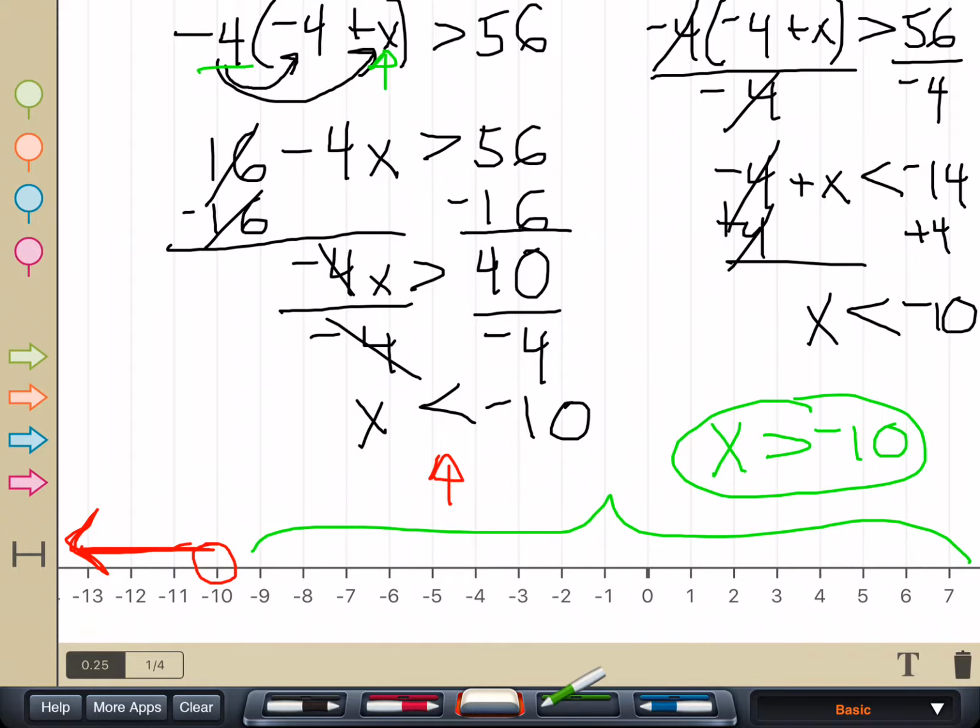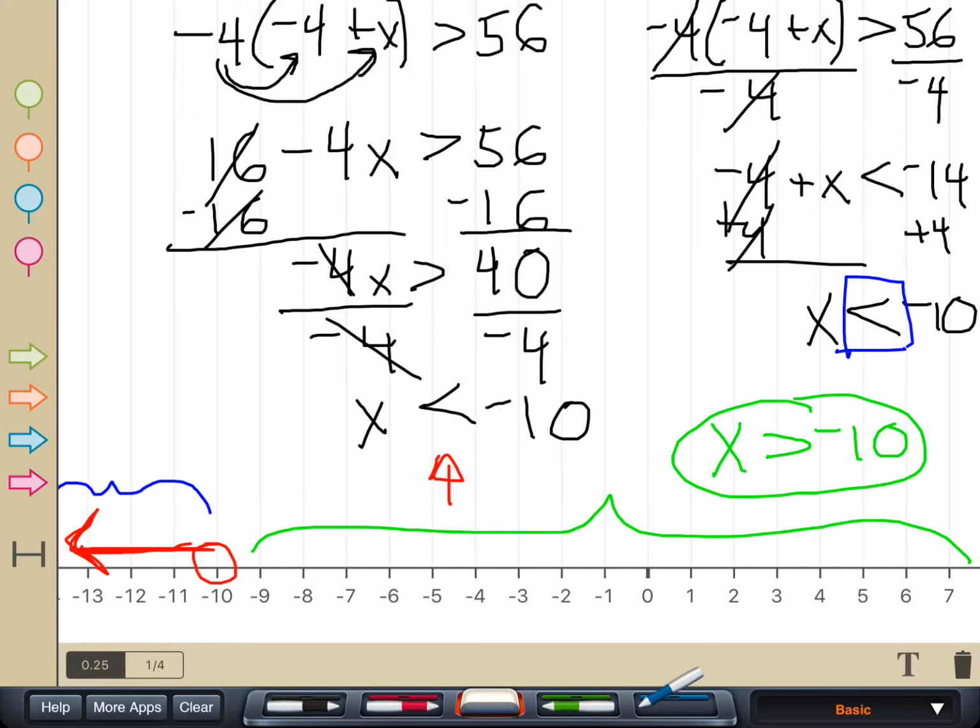I'm going to multiply it by the -4 that's here, which is positive 32. And I'm going to end up with a statement that positive 32 is greater than 56, which is not true. So we can't use that number. And that will, in fact, happen with any of these numbers in the green bracket and any further to the right. So we change the operation to a less than, because it's actually these values, not including -10, that make it correct.